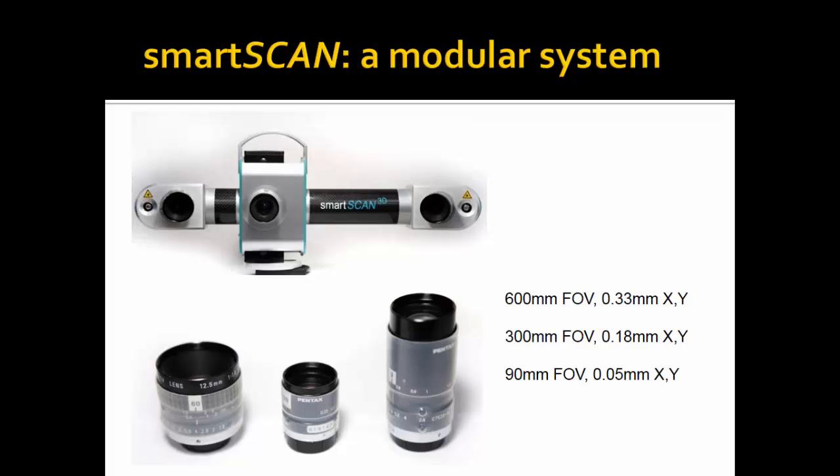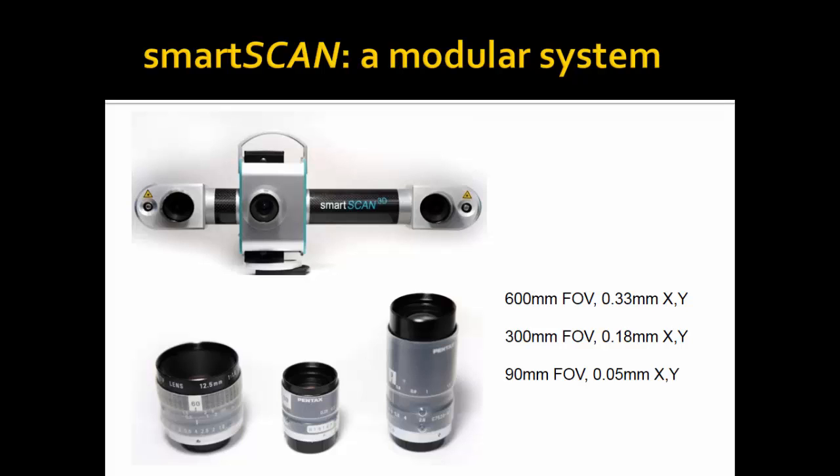Our smart scan is also a modular system, so by changing the lenses, we can extend the area that the scanner captures with a single shot, or we can reduce the area. So if the area becomes reduced, the resolution, the distance between the points becomes smaller and smaller, so we get high resolution, high density of points, but a smaller scan with a smaller depth of view.